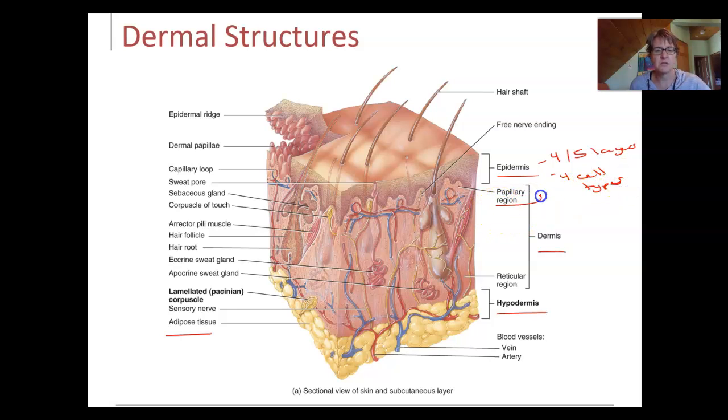And then when we talk about the dermis, we have the upper, more superficial papillary region with these dermal papilla, papillary ridges. We have the deeper reticular layer that has everything else in it: sweat glands, nerve cells, oil glands associated with the hair follicles, and that sort of thing.